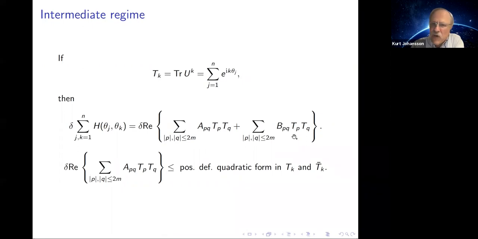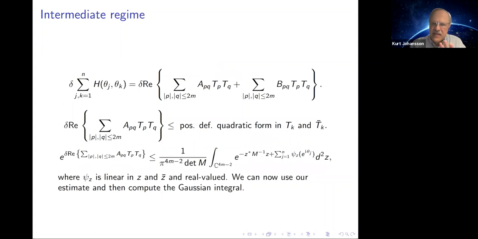This is just trigonometric identities. Now, if you have e to some positive definite quadratic form, you could write that as a Gaussian integral and linearize the quadratic form. This need not be positive definite, but you could bound it with some positive definite quadratic form in these traces and their conjugates.